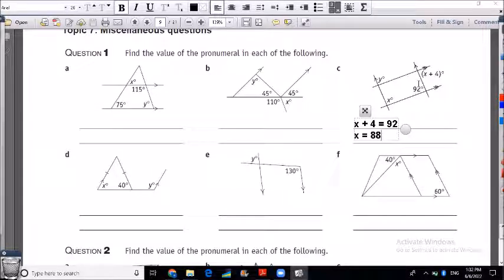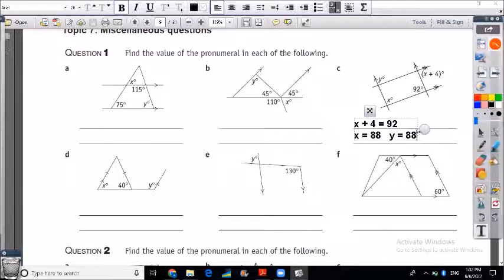And yes, it makes sense because if I replace x with 88, 88 plus 4 is 92. It will work. So x here is 88. So what do you think y is going to be? It is exactly the same like x, corresponding angles. Look at this. Corresponding angles, x is equal to y. X is 88, then y is also 88 degrees.